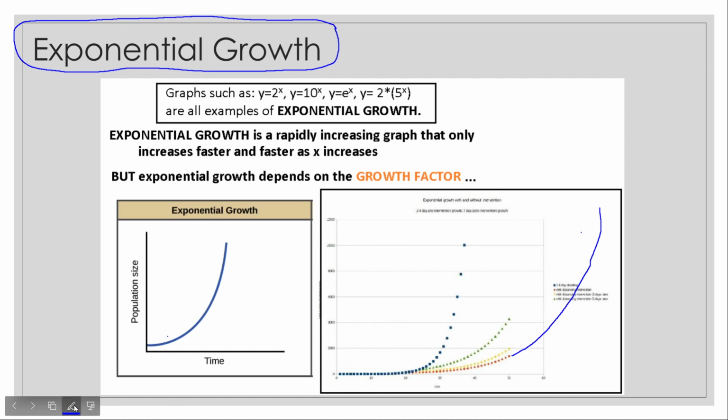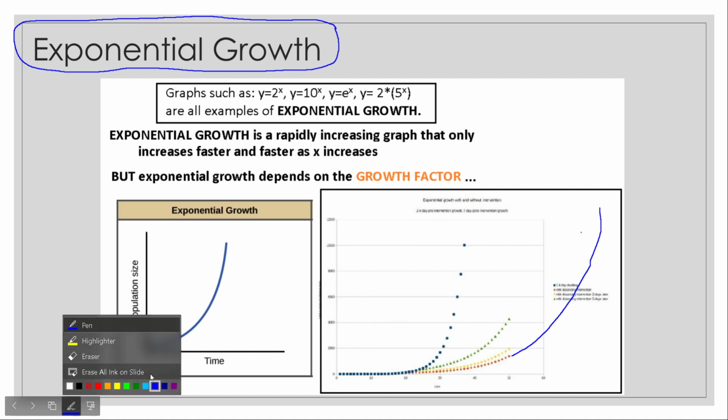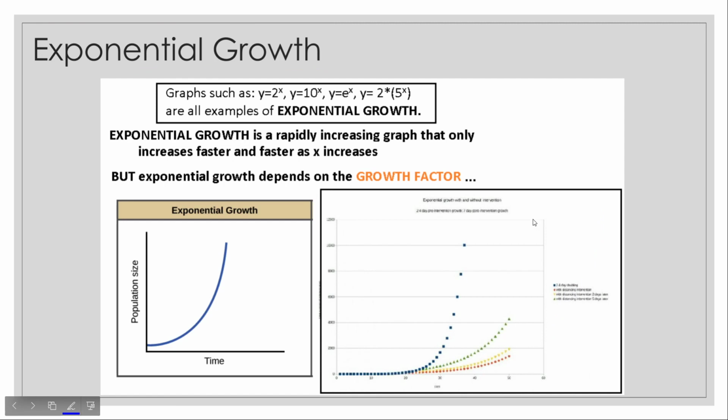Now, I do want to talk about exactly what this graph is because it is interesting. This is some data I found. I think it's kind of outdated now, but it still gets the point across. It's comparing how fast COVID-19 spreads based off how ordinary people are acting.